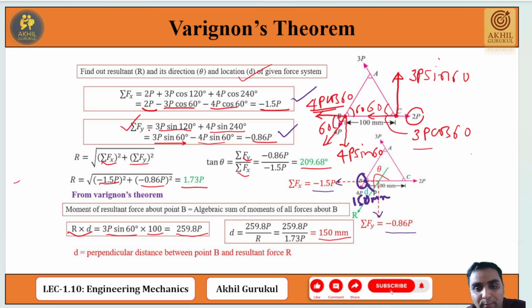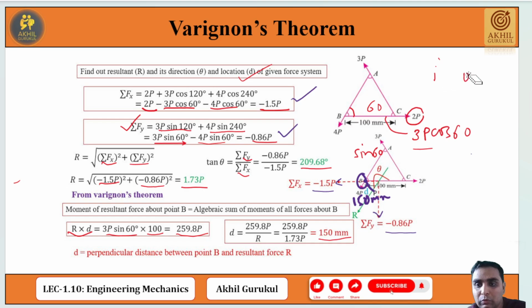Again, the y component: the algebraic sum of all forces in the y direction. Here 3p sin 60 acts in the vertical direction, so it will be positive 3p sin 60. Here 4p sin 60 acts in the downward direction, so minus 4p sin 60, equal to minus 0.86. So we can do it through this method also, and it will give the same result.